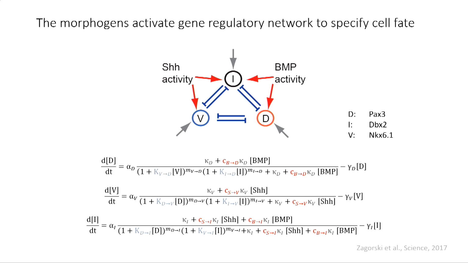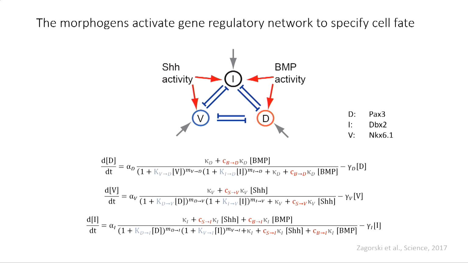So I propose a network composed of three key regulators, transcription factors acting in the spinal cord, where V represents the ventral fates, I the intermediate, and D the dorsal fates, and applied a standard ODE approach with a thermodynamical model where different strengths of interactions are denoted here by different constants, or parameters.